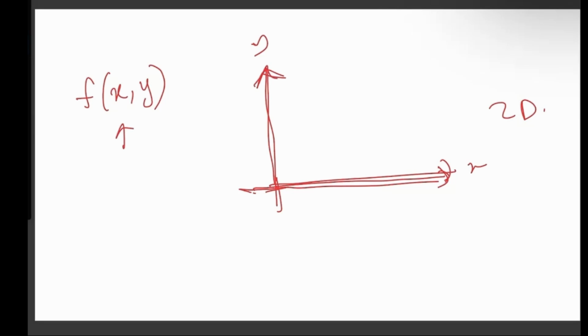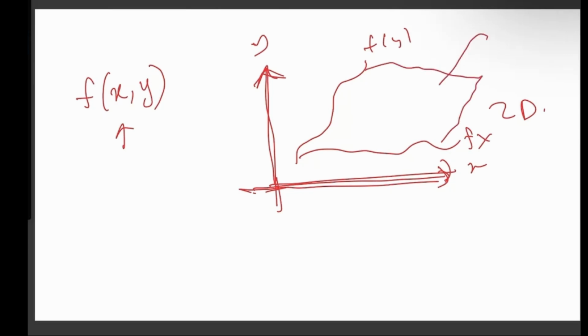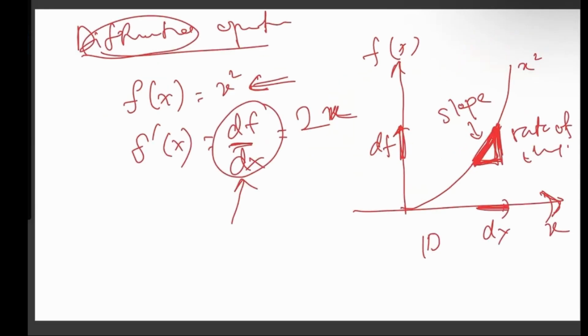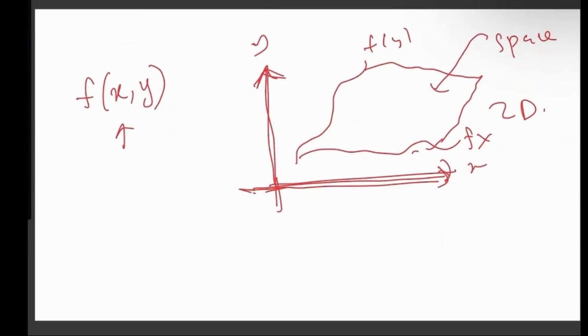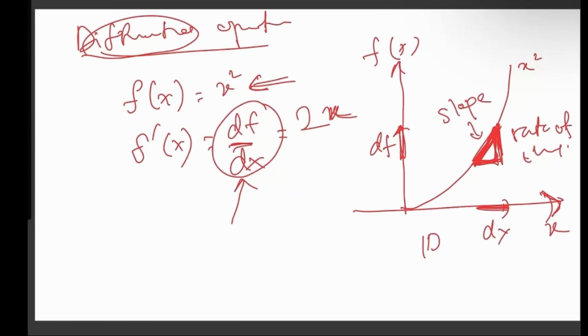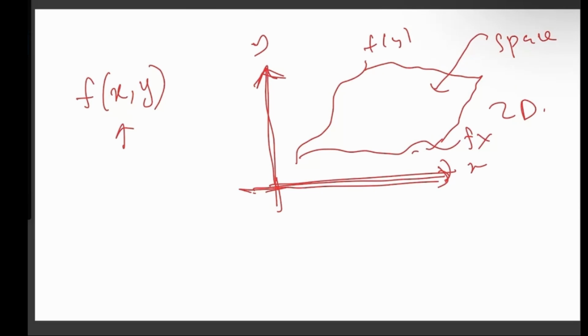For example, this is the function of y and this one is the function of x, so it will end up as a space. Compared to just a single function, which is a single line, this one looks like a space. For the single function, the rate of change is the slope, and this one we call a surface.